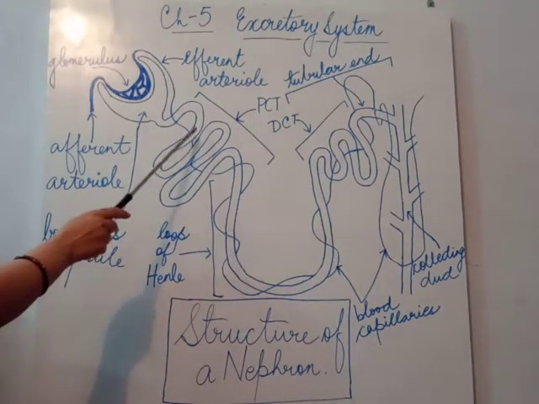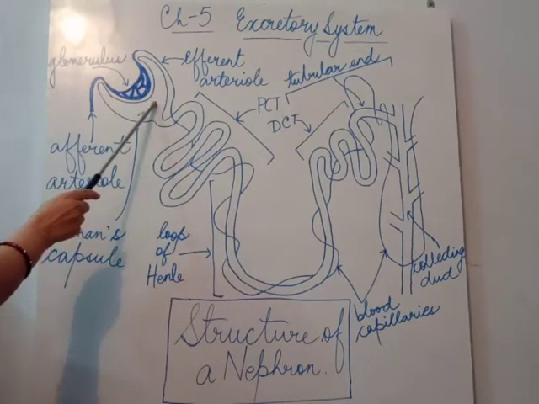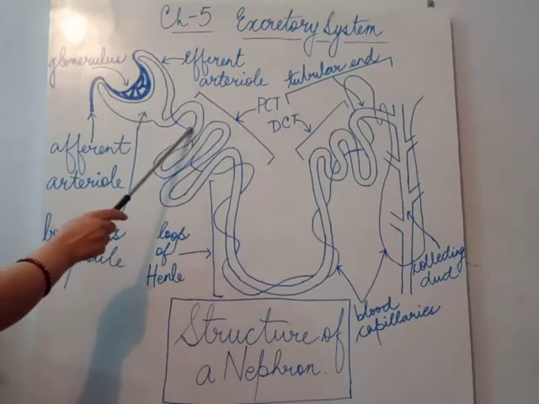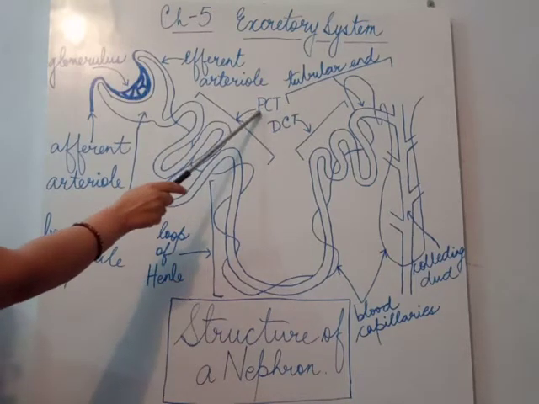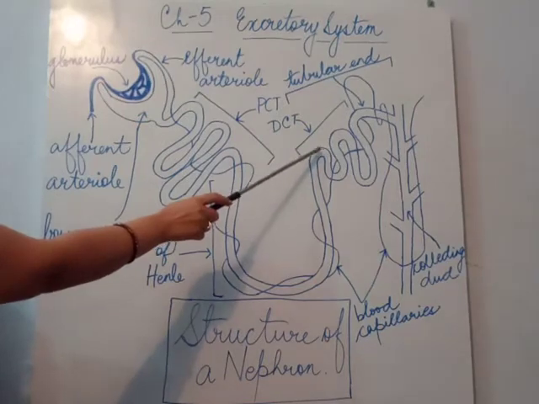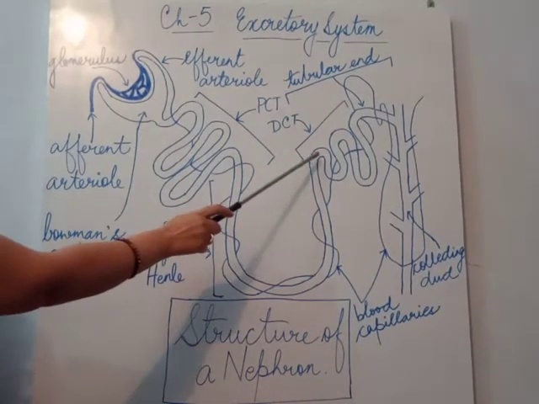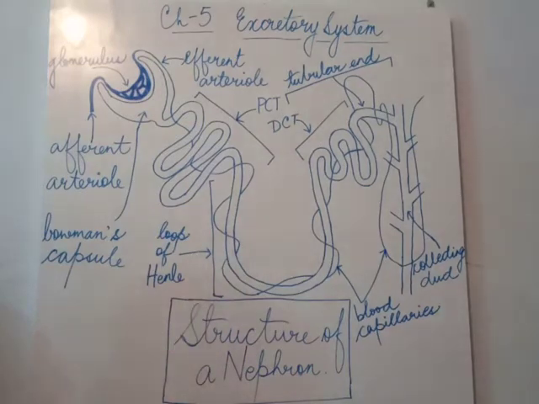Proximal means nearer, nearer to Bowman's capsule, which is why it is called proximal convoluted tubule. Distal means far from Bowman's capsule, which is why it is called distal convoluted tubule.